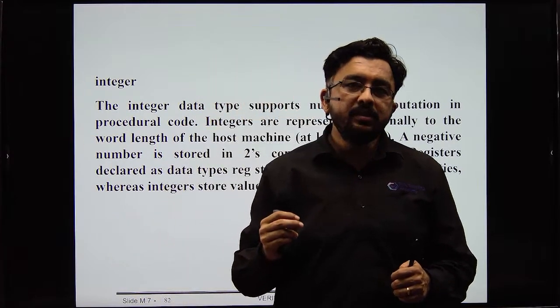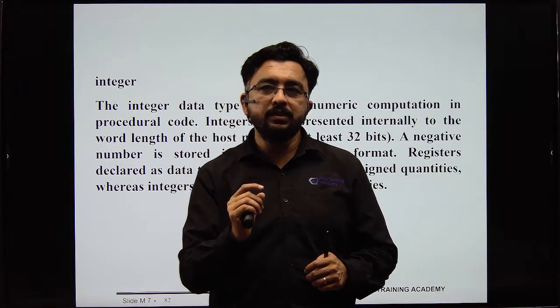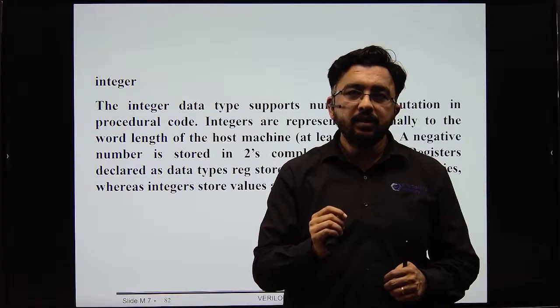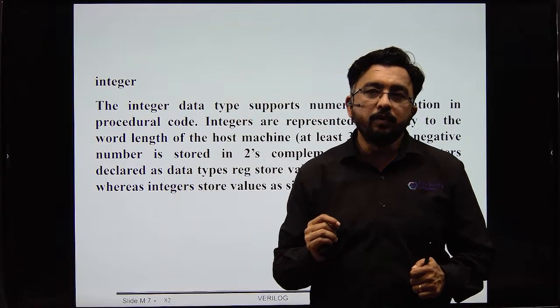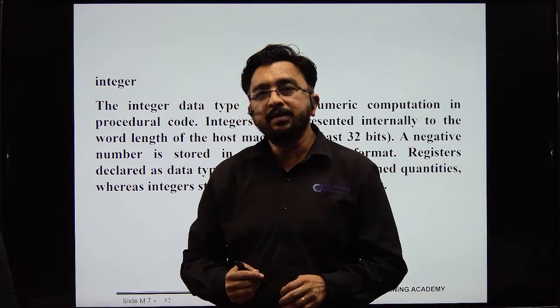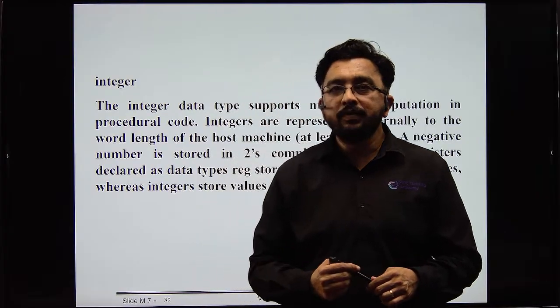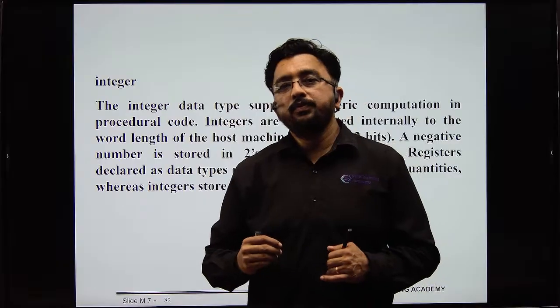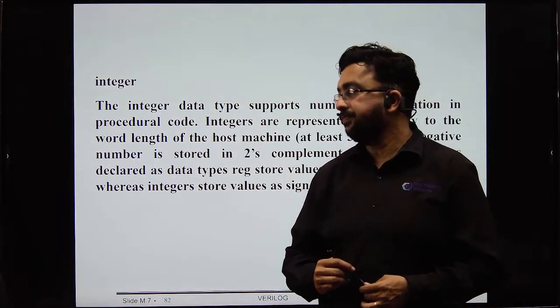Unsigned means the positive numbers; the prefix "un" negates the sign. And if I am talking about signed, that means I am talking about negative numbers, like minus one, minus two, minus three. By default, any number will be unsigned, but if you want to make it negative, you have to use the word signed.